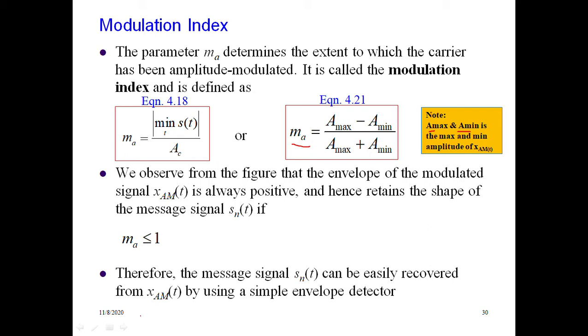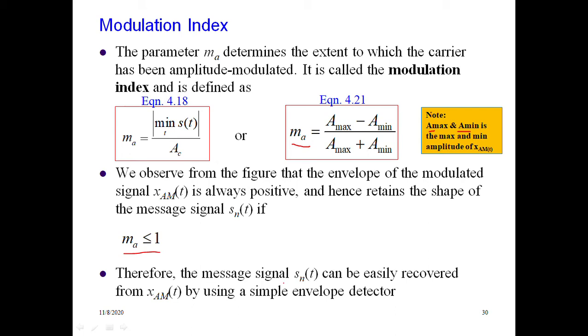From the figure previously, we observed that the envelope of the modulated signal is always positive and retains the shape of the message signal under the condition that ma is less than 1. If not, it will be over modulated.